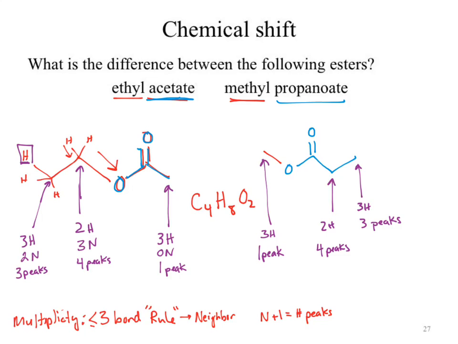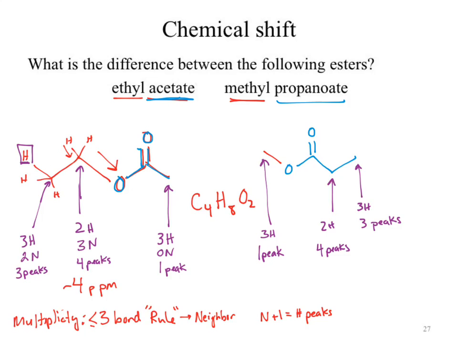Takes them away. How many electrons end up around that hydrogen? Relatively very few. If it doesn't have a lot of electrons shielding it, it becomes de-shielded and it shifts to large chemical shift values. So we'd shift up in that 4 or 5 range. So we would expect that signal to show up maybe at 4 parts per million.